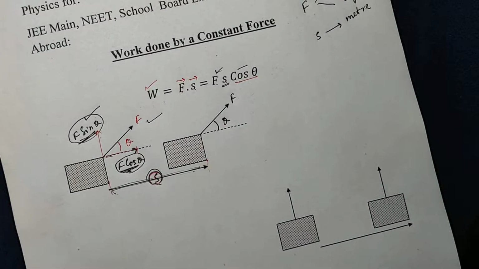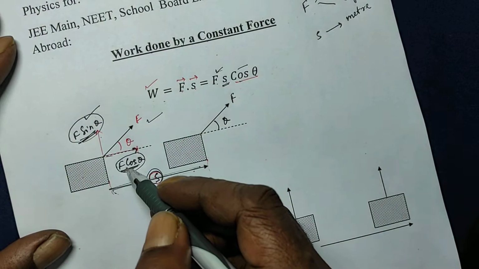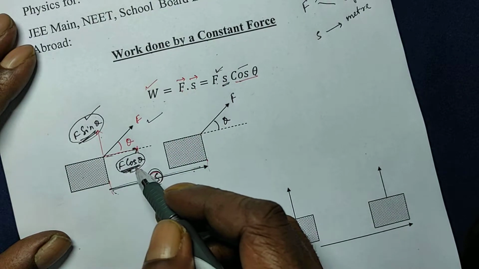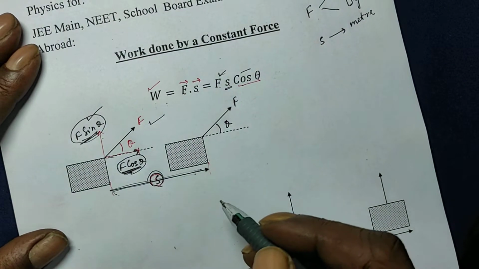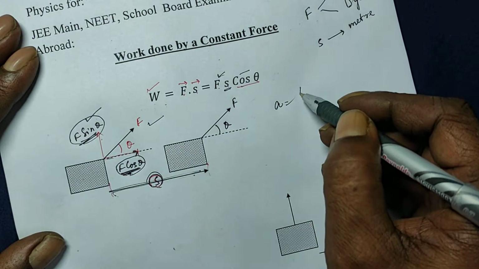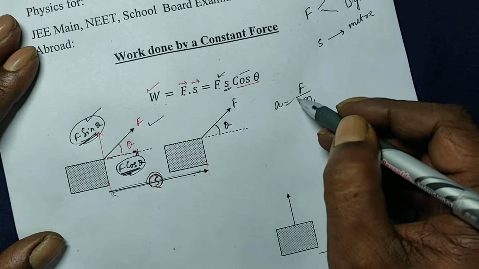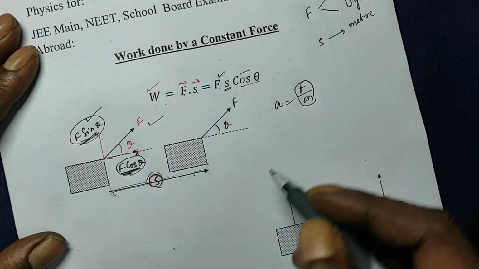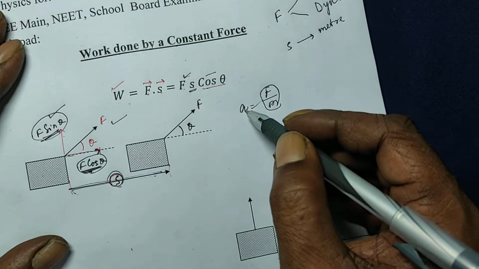Now in this case, what happens? What will this F cos theta do? Since this is a force, and any force is associated with acceleration, that is a equals F over m. And you know the meaning of acceleration?